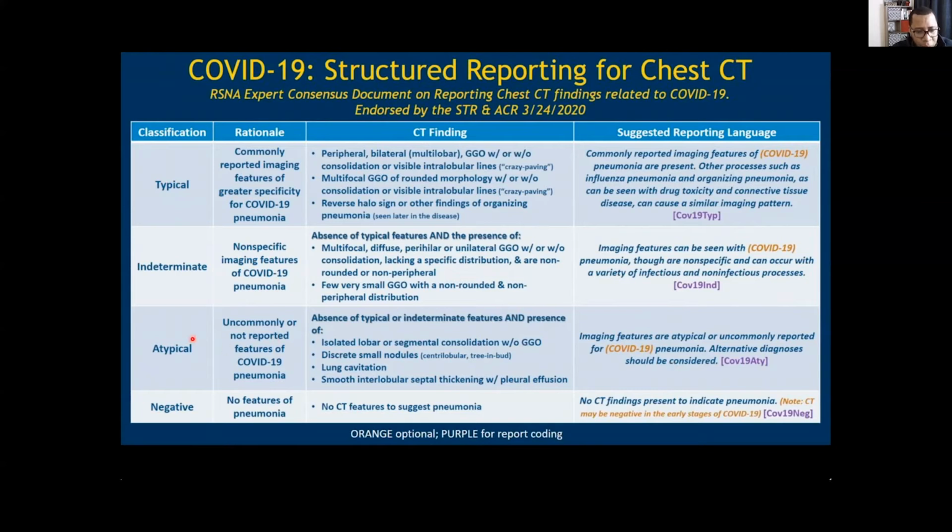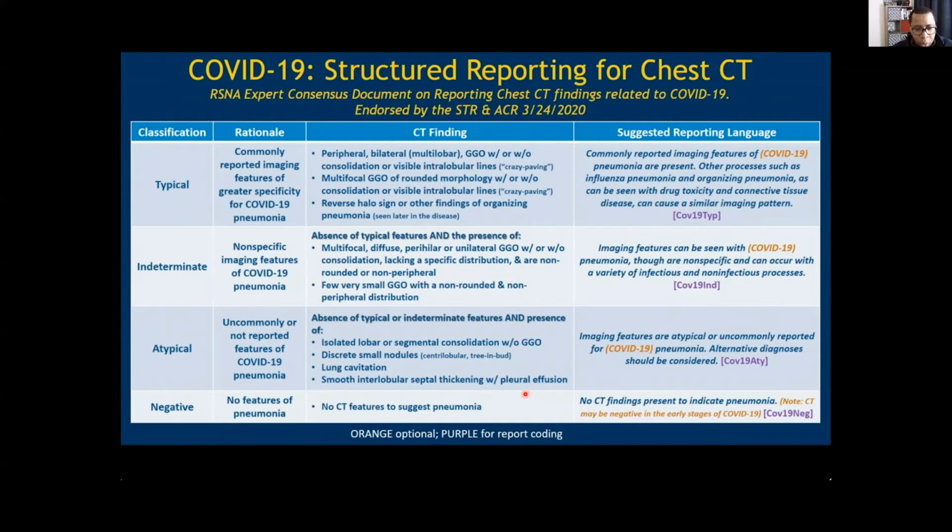And we have atypical, which we talked about. These features are uncommonly or not reported features of COVID-19 pneumonia. So absence of typical or indeterminate features and presence of isolated lobar or segmental consolidation, right?